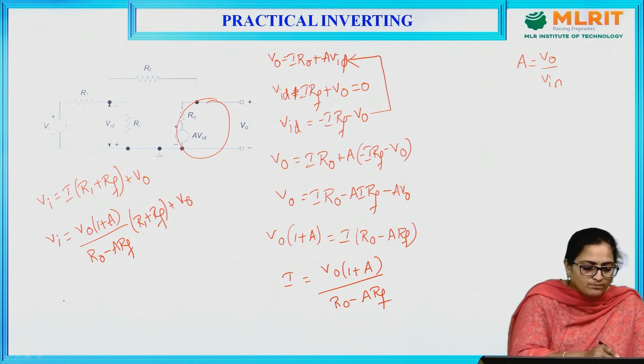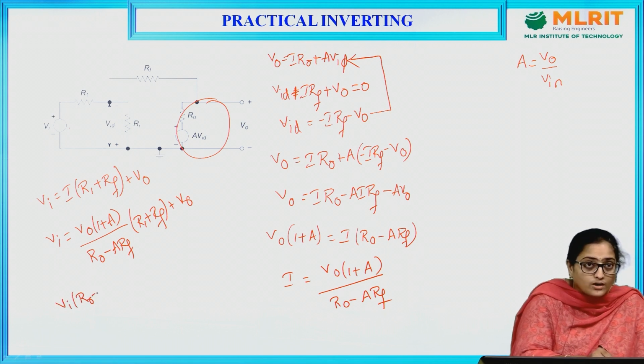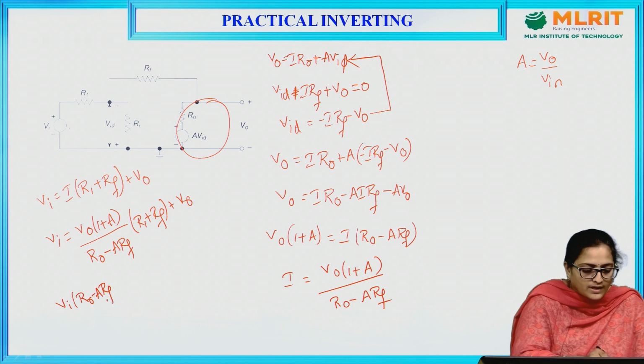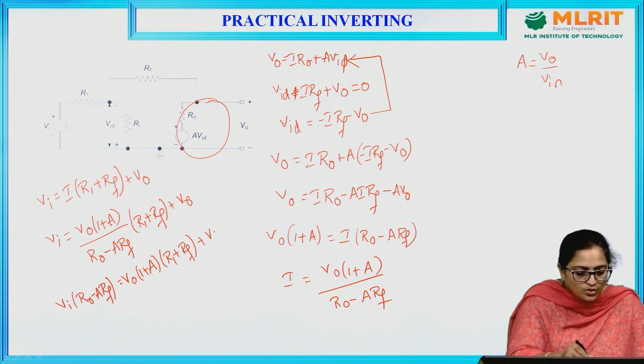So, if you simplify this expression, we can write VI into (R0 minus A into RF) is equal to V0 into (1 plus A) into (R1 plus RF) plus V0 into (R0 minus A into RF).